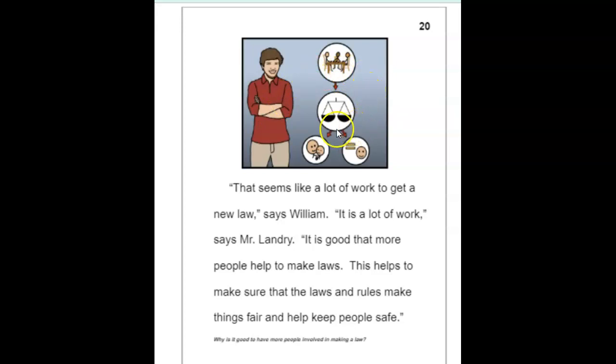This helps to make sure that the laws and rules keep things fair and help people stay safe. Why is it a good idea to have more people involved in making a law?